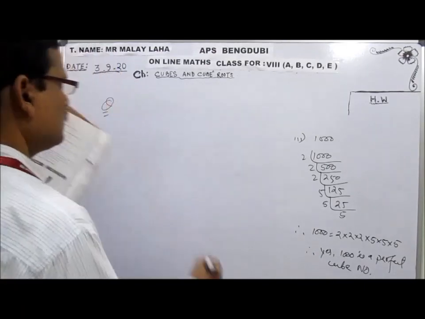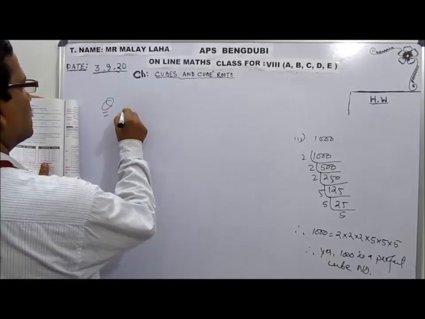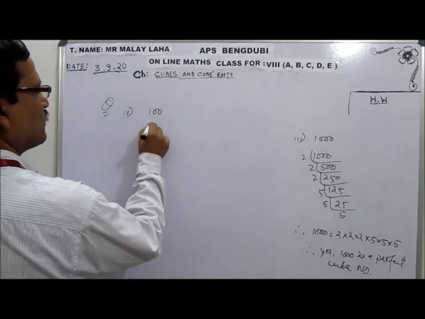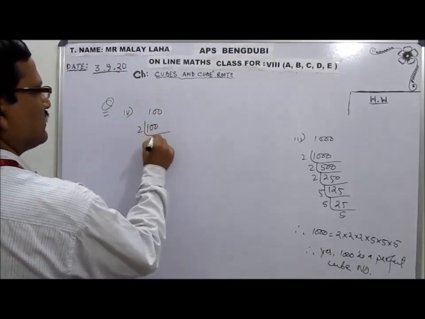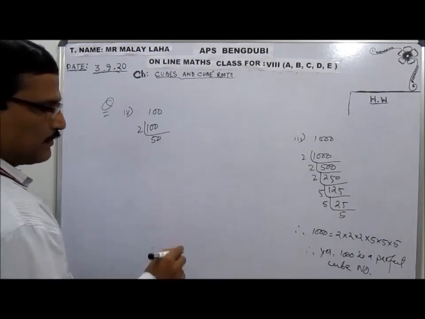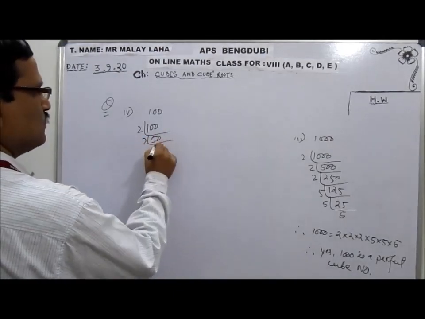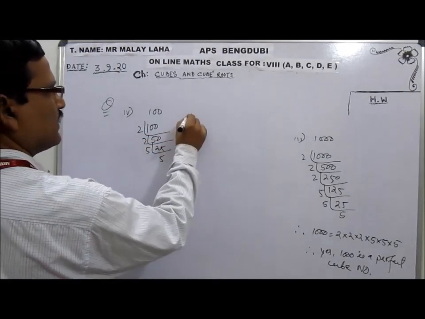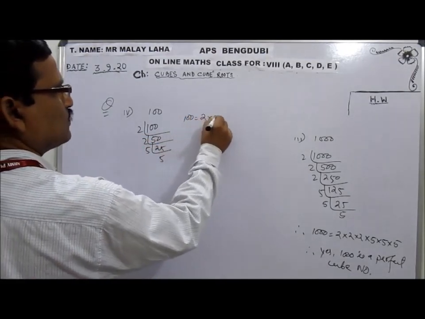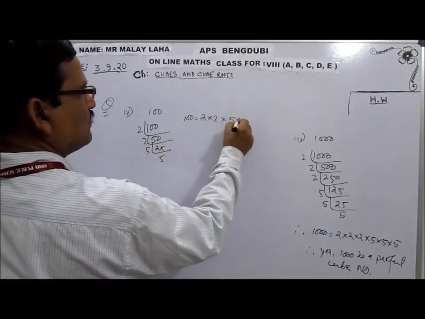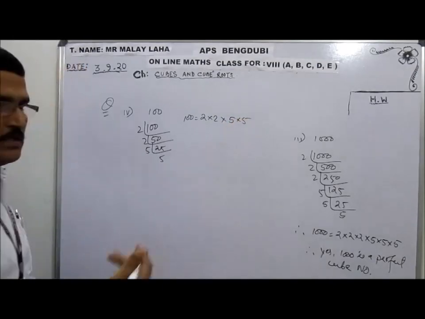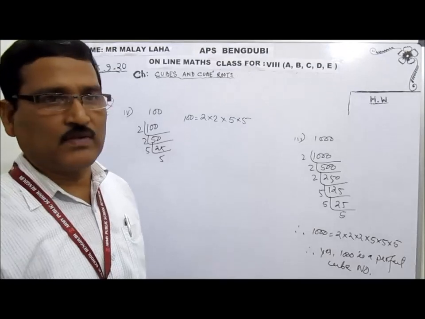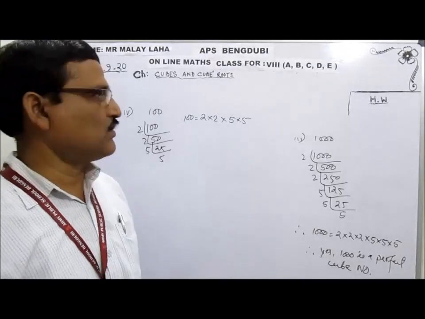Okay? Now, question number 4. Is 100 a perfect cube number or not? You will divide 100: that is 50. Now this 2, 25. Now this 5. So 100 can be written as 2 into 2, 5 into 5. So you see, 2 does not have a group of three common factors, 5 also does not have a group of three common factors.